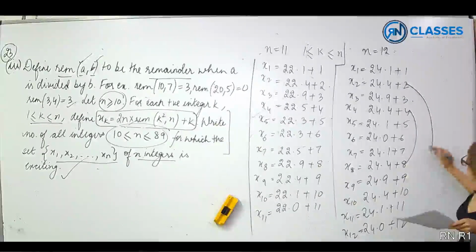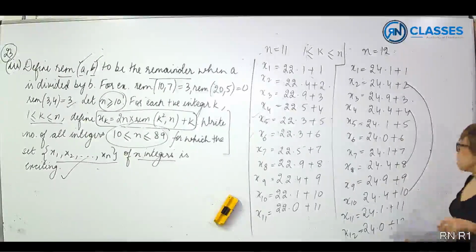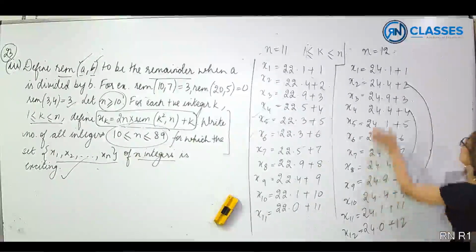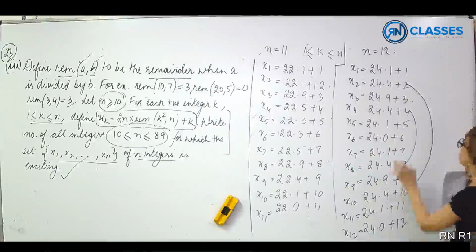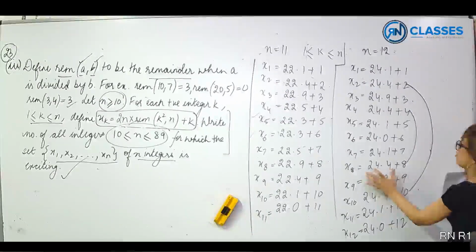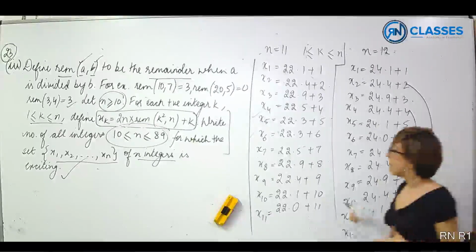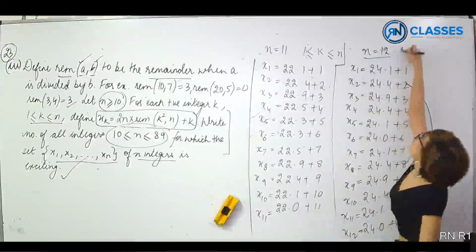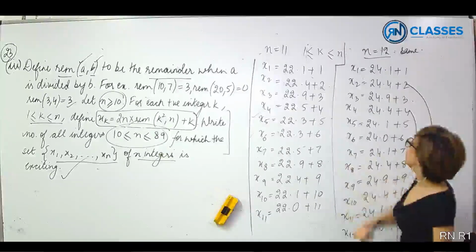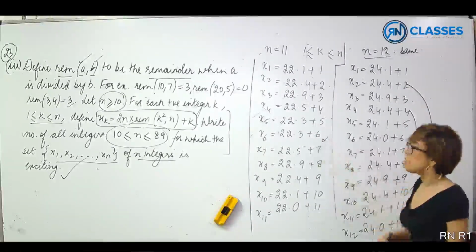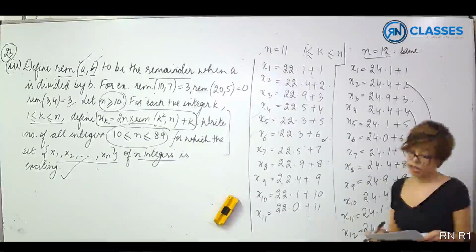This is the 10 one. Right? You can see 24 into 4, 24 into 4 plus 2 plus 10. Same thing. 24 into 4, 24 into 4 plus 4 plus 6. Right? The sum is same. Now here the sum is same. Right? Here the sum is not same. Now you need to analyze a little bit more.